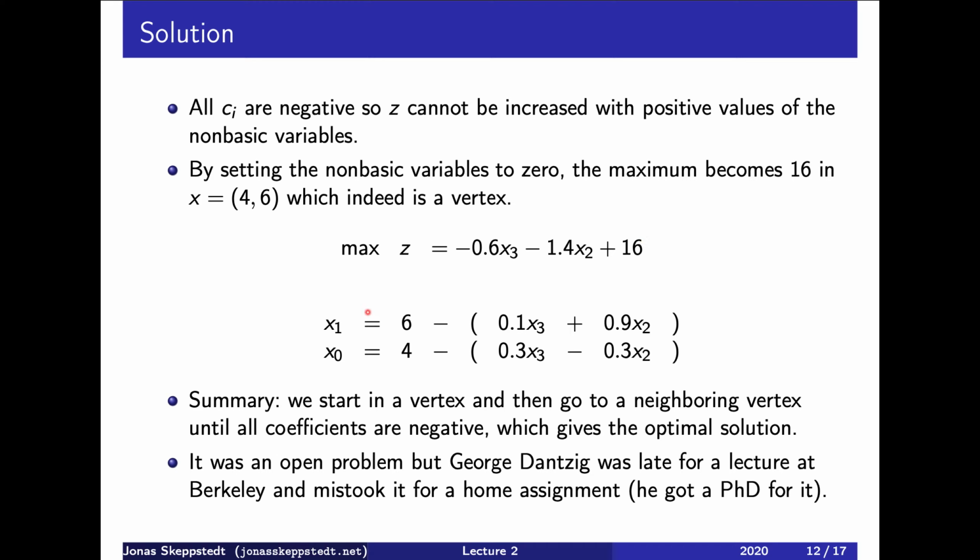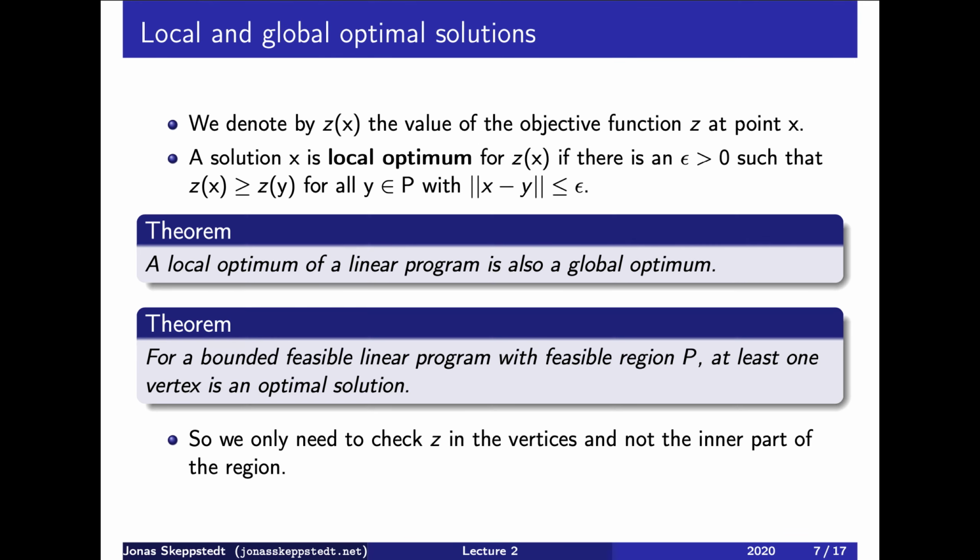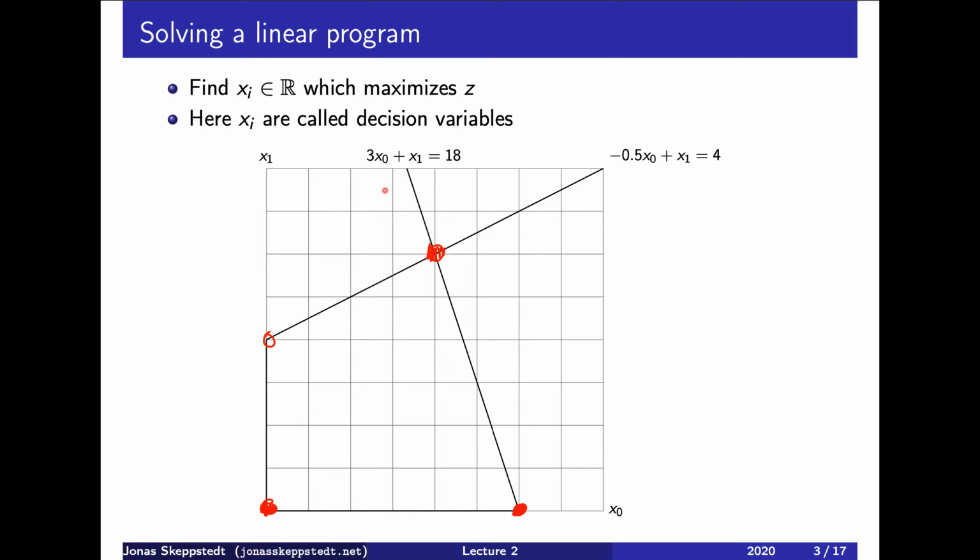Then we can see that, what should we set the variables to? If we set x2 and x3 to 0, then we maximize z. So we do that, and all of this will be 0, and x0 will then be 4, and x1 will be 6. Okay, so what is that? It is this point.